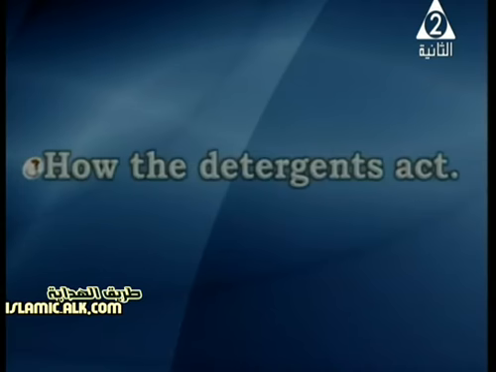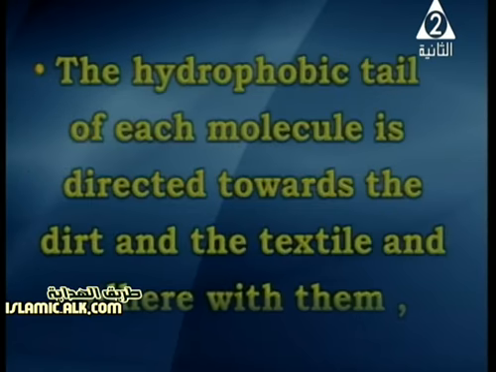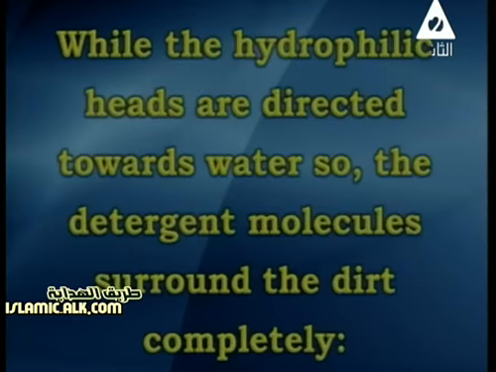Next type of questions, my dear student. Explain briefly how the detergent acts. The answer: when the detergent is dissolved in water, its molecules rearrange themselves, where the hydrophobic tail of each molecule is directed toward the dirt and the textile and adheres to them, while the hydrophilic head is directed towards water, so the detergent molecules surround the dirt completely.